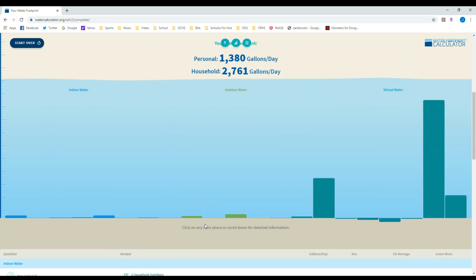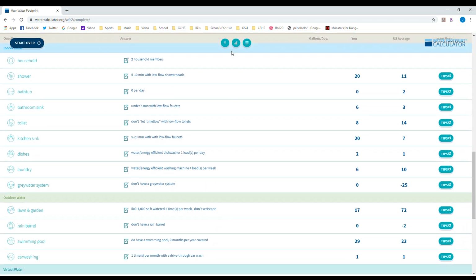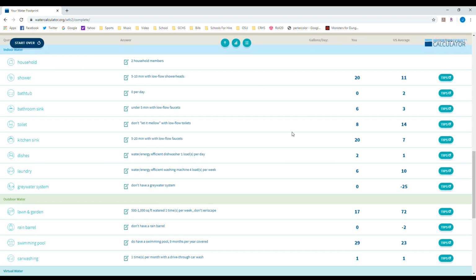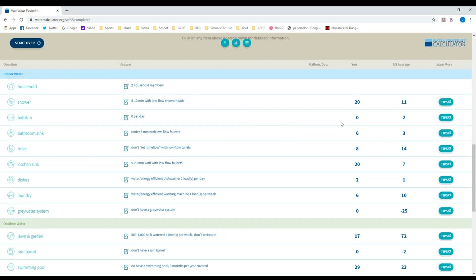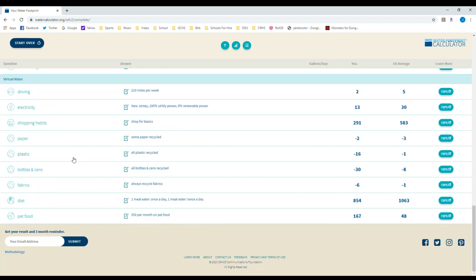What's a lot easier, though, is if you scroll just a little bit more, you'll see this. It's essentially a large data table containing all of the information that you put into the survey, all of the answers that you gave, and how much water comes from each of those prompts. So let's take a look. We have 3 sections: indoor water use, outdoor water use, and virtual water use.